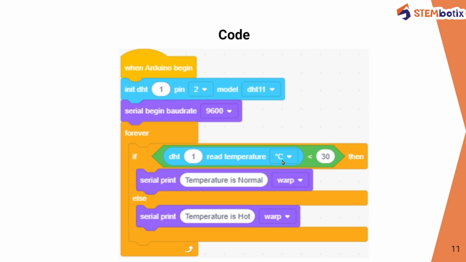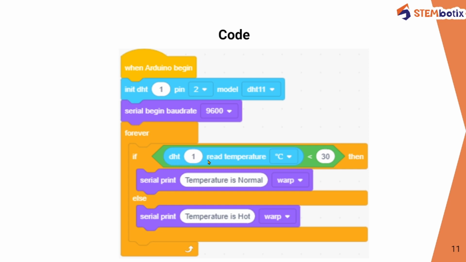As we all know, up to 30 degrees you can call the room temperature normal, right? If it is more than 30, then you feel a little bit warm or hotness in your surroundings. So we are making this condition using this if and else block.